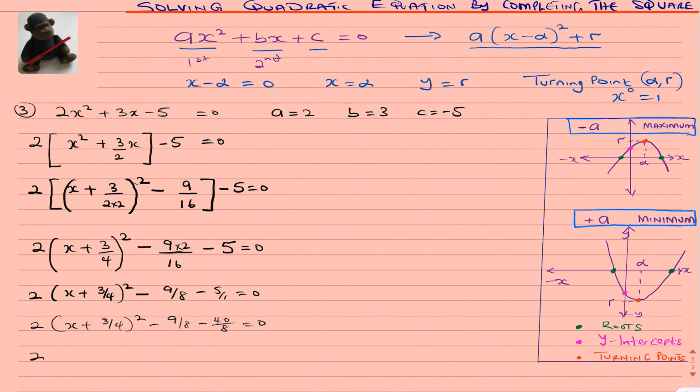So I get 2 into bracket x plus 3 over 4 squared minus 49 over 8, equal to 0. So at the turning point, x equals minus 3 over 4 and y equals minus 49 over 8. Now we need to solve for the roots.